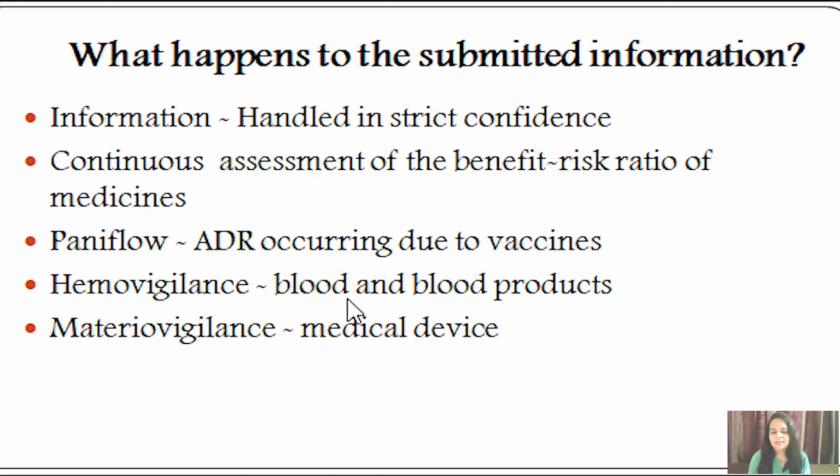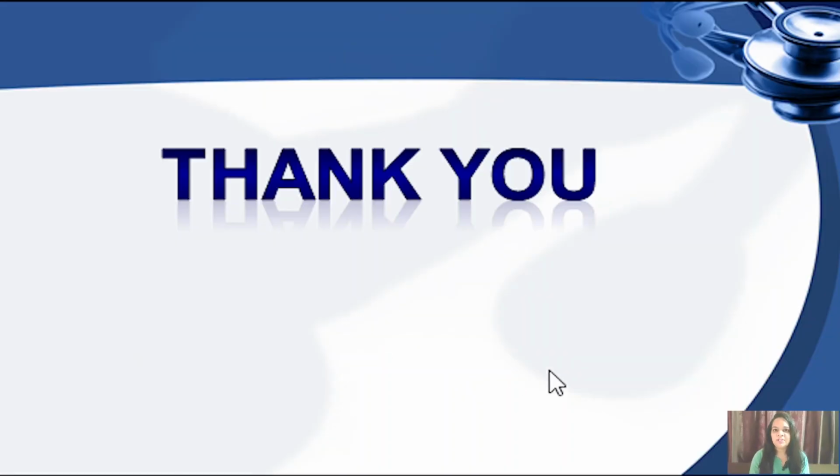For adverse drug reactions occurring due to blood and blood-related products, the program name is hemovigilance. And adverse drug reactions occurring due to medical devices are known as materiovigilance. So this was about how to report, where to report, and what happens to the submitted adverse drug reactions in our country. In the next video, we will discuss how to fill up the adverse drug reaction form.